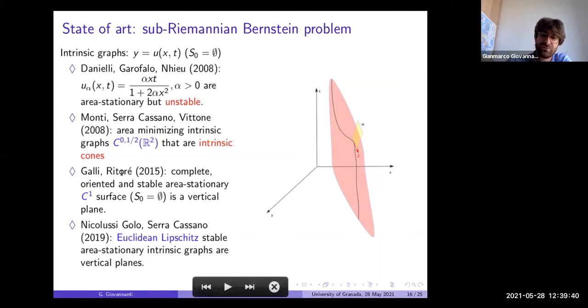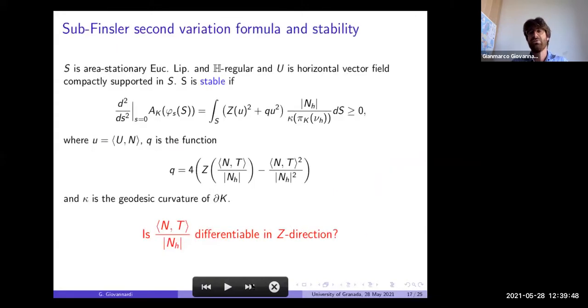And we want to improve these two results and generalize to the sub-Finsler context. So if you want to do that, we have to look at the second variation and the stability.